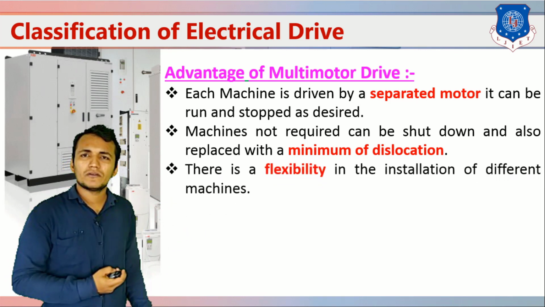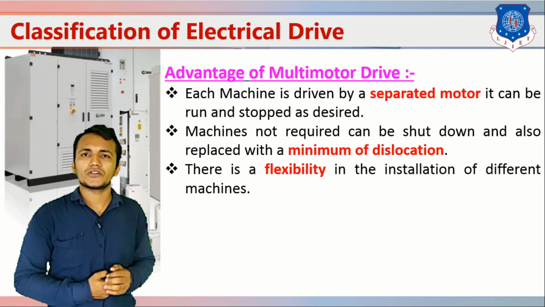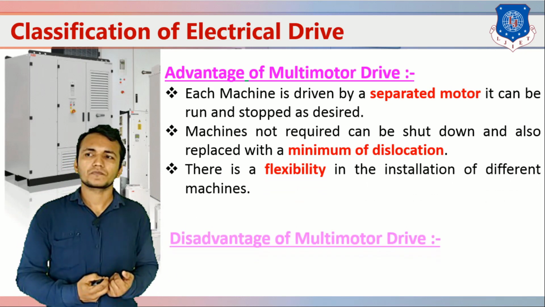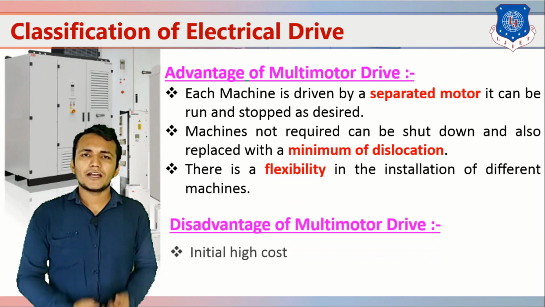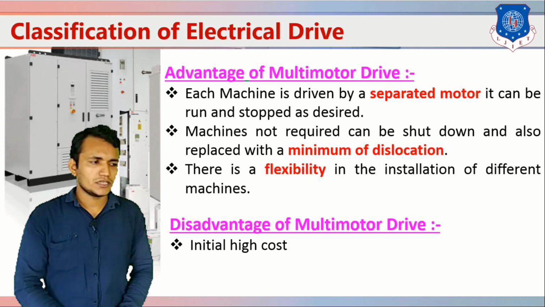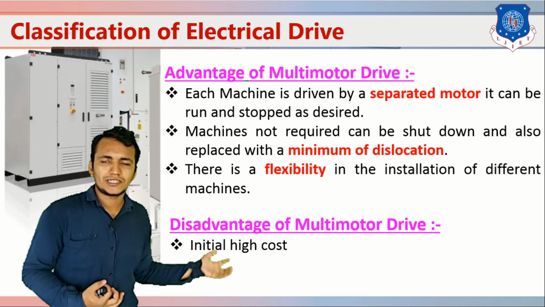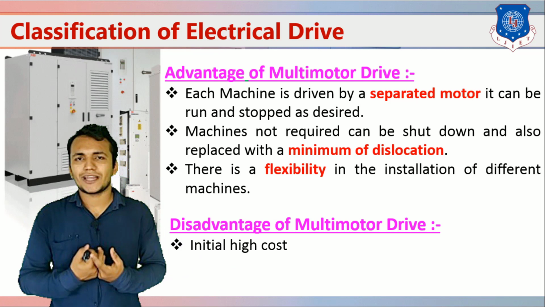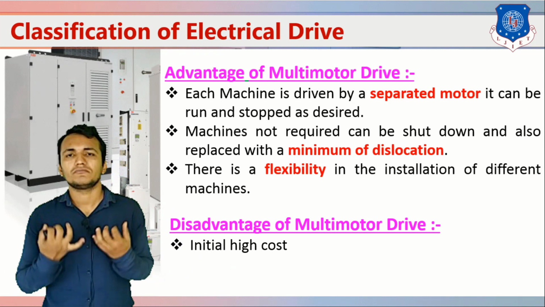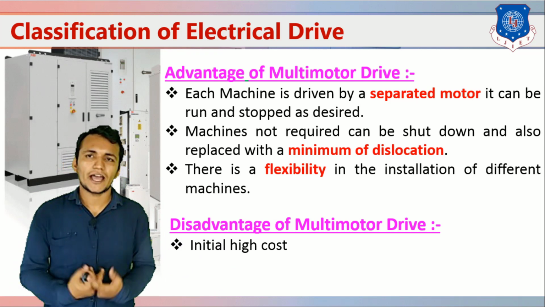And they have flexibility in installation of different machines. Then the disadvantage of this drive is that we require multiple motors and every motor has a drive system, so the initial cost is very high for this system.